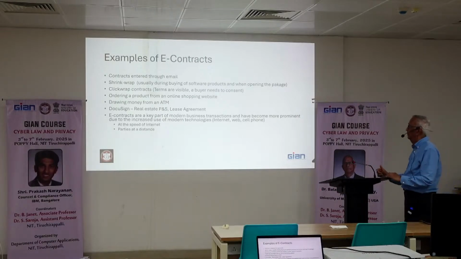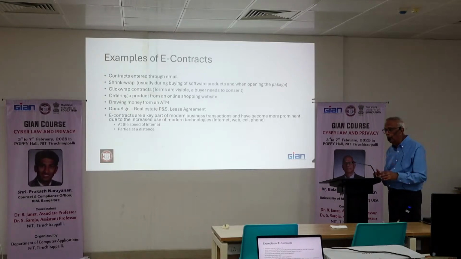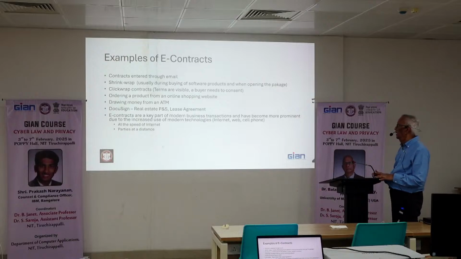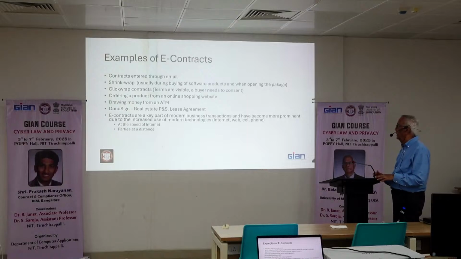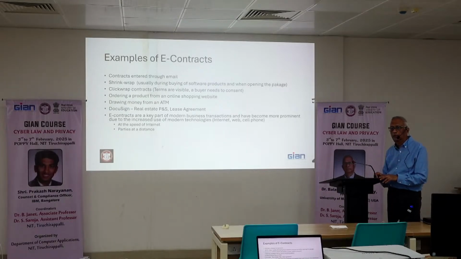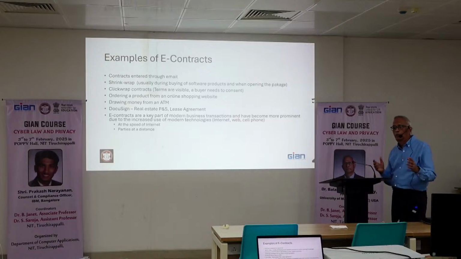But it is there. Also when you order a product from an online shopping site like Amazon, you are already agreeing to their terms. If they deliver it a week late, you shouldn't be suing them. All kinds of things they will specify.